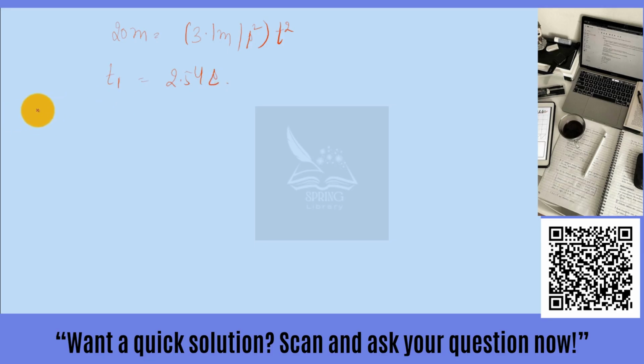Now horizontal motion. a_x is equal to 0, and the horizontal velocity of the rocket is equal to the speed of the car, which is 3.0 meters per second. The time t1 is also the time for the rocket, so horizontally we reach the loop.